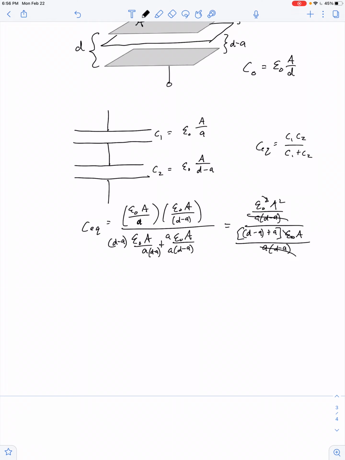One of the epsilon naughts cancels, one of the powers of a cancels out, and then of course d minus a plus a just gives us d. So lo and behold, once again, the equivalent capacitance is epsilon naught times A over d, meaning it's the same thing. So it doesn't even matter if the thin metal sheet is placed off-center. Putting a thin metal sheet in the space between the parallel plates has no effect.